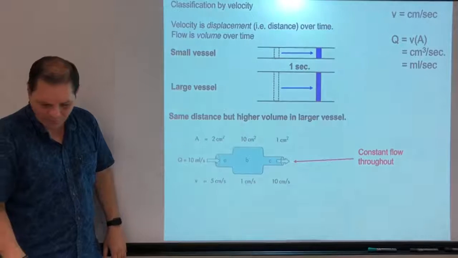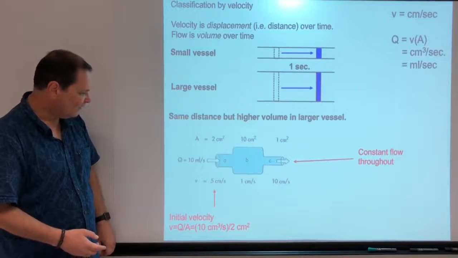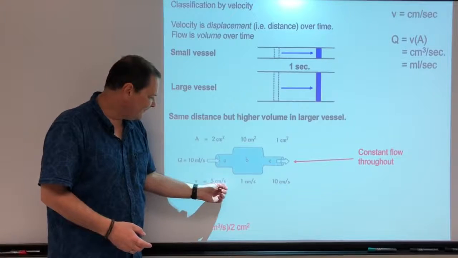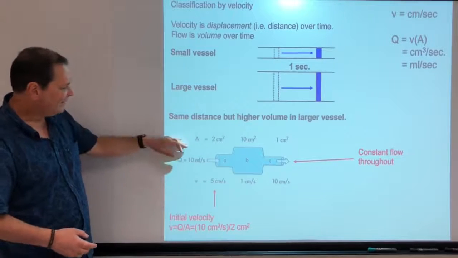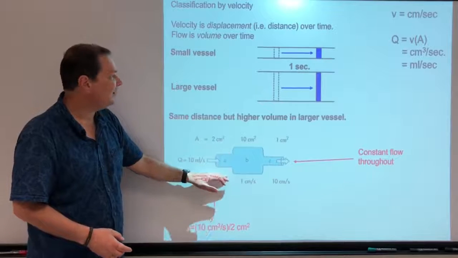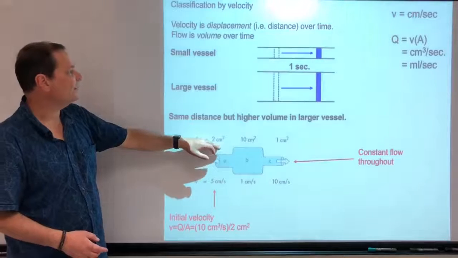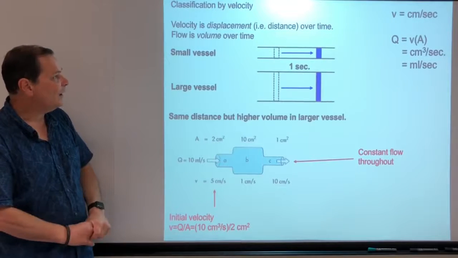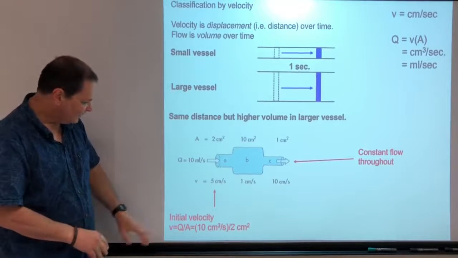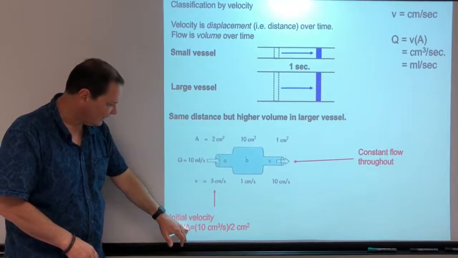All right. Now, if we look at section A, we have an initial velocity of 5 centimeters per second. That's because the cross-sectional area of this vessel is 2 centimeters squared. So the velocity is equal to the flow divided by the cross-sectional area.